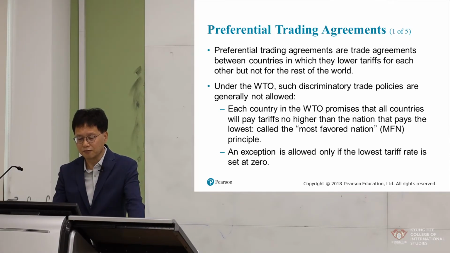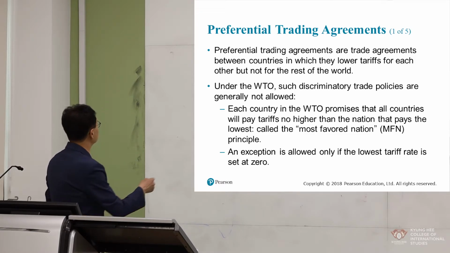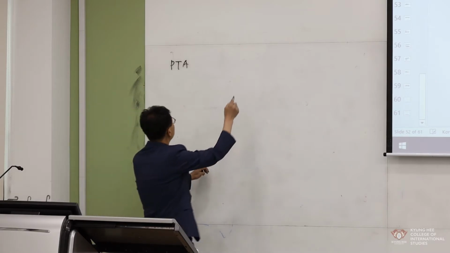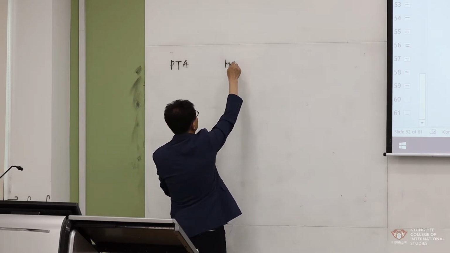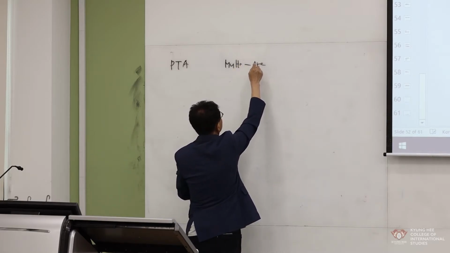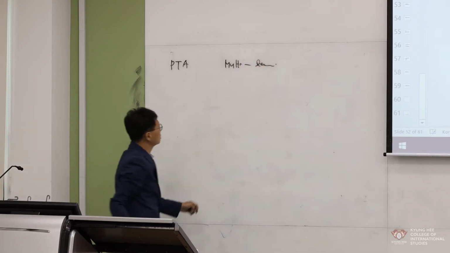Final section. Section 5 is preferential trading agreements. What is a preferential trade agreement? Right. So we say PTA. So section 4 was the WTO story, the multilateral liberalization process.